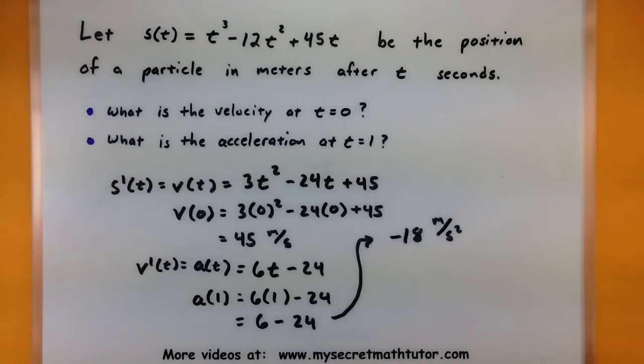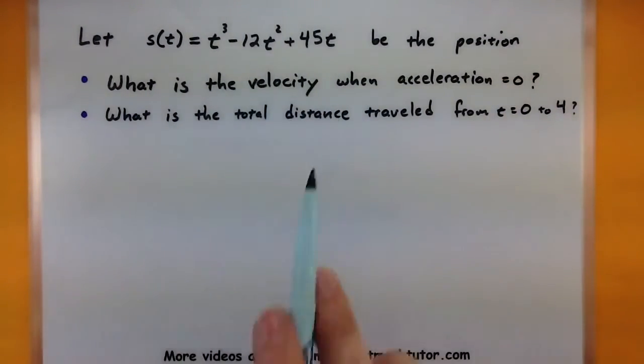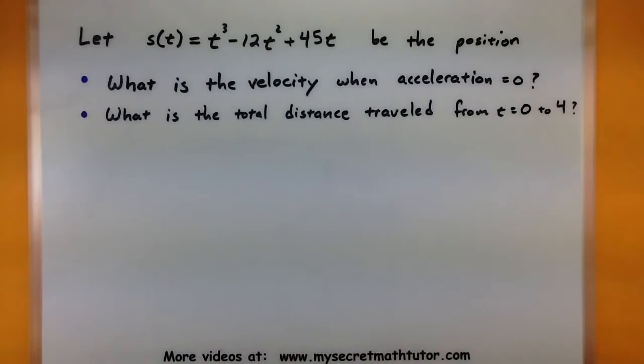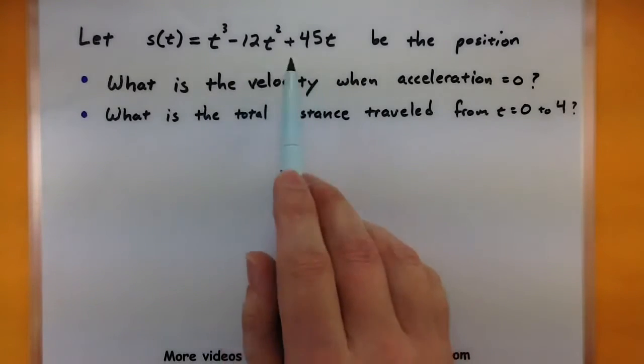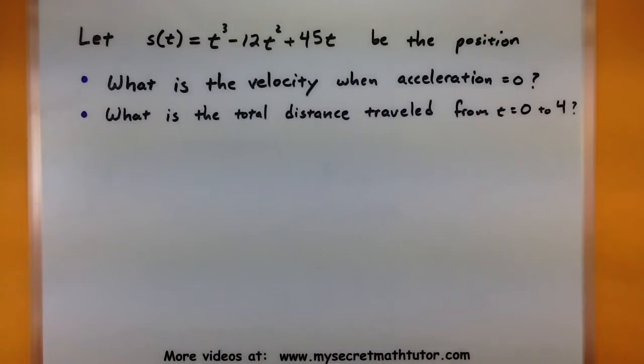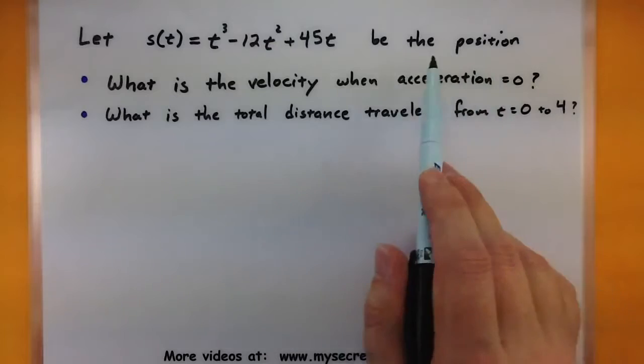Let's see if we can answer a few more questions about this particle. So this is my same position function, and now I want to know what the velocity is when the acceleration is equal to 0. I'm seeing these two key terms in here: the first derivative and the second derivative of position. We can borrow both of those, but I really want to focus on the second derivative.